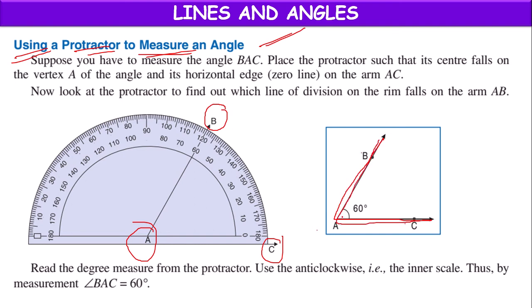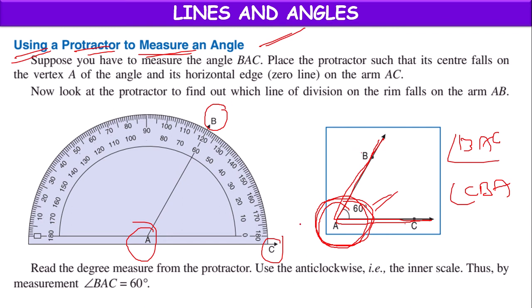Always the angle which we are representing, the vertex should be in the middle while writing the angle name. So we have to name it as either angle BAC or angle CBA. This angle we have to find with the help of protractor.